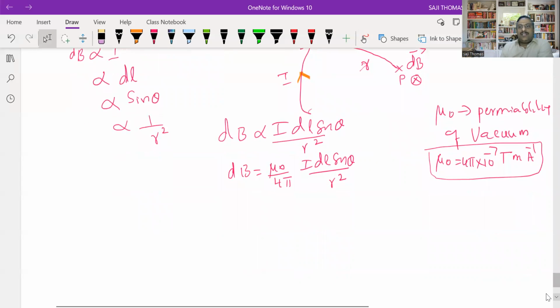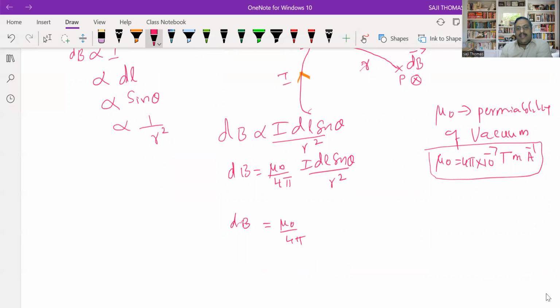Now we can express it. What is the magnitude of the magnetic field? dB equals mu 0 by 4 pi I dl sin theta by r square.